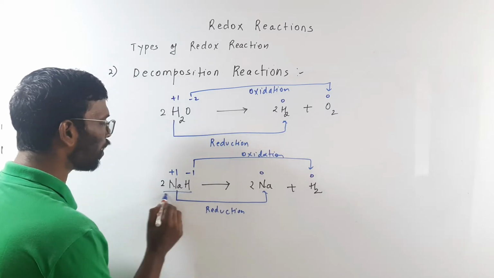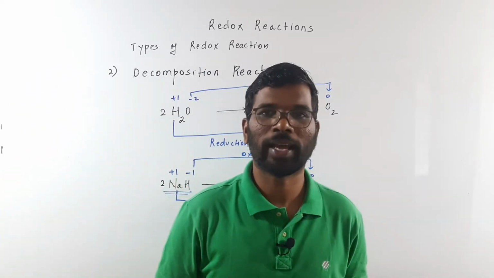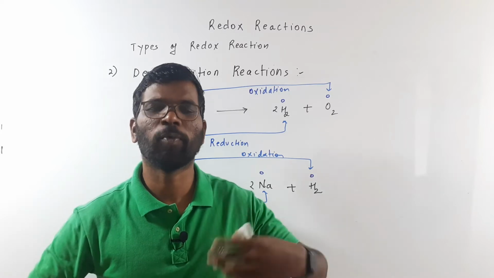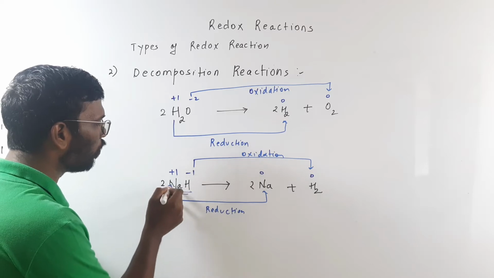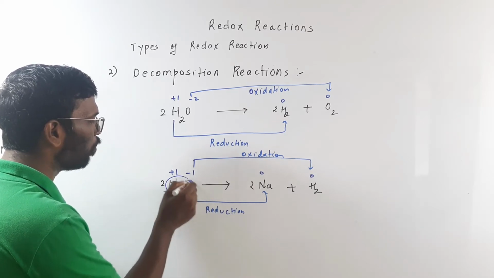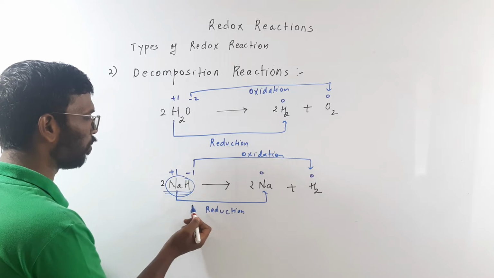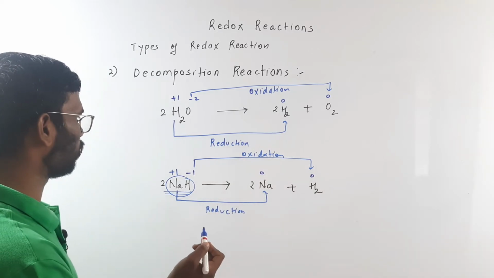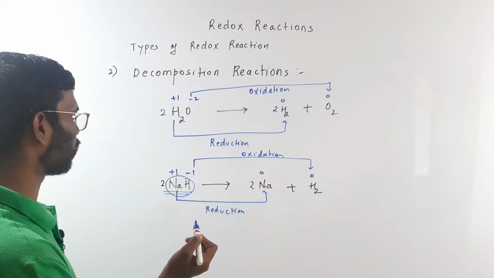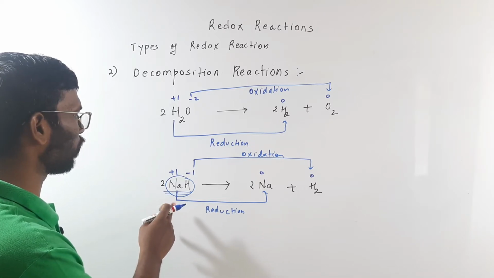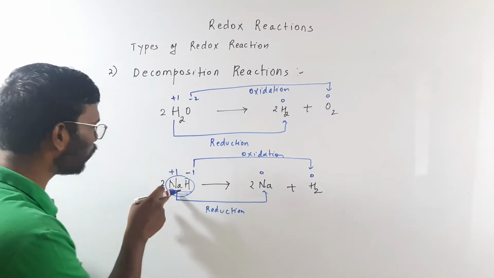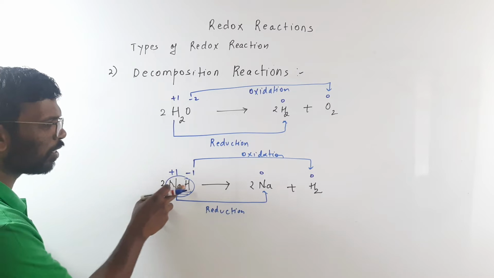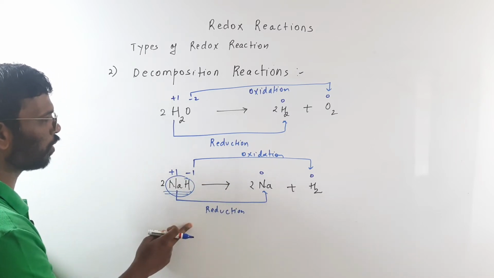It also supports the classical definition of reduction and oxidation, isn't it? Removal of hydrogen is what oxidation is. So here there is a removal of hydrogen from this. So there is just sodium left. Yes, with respect to the classical definition, it is removal of hydrogen, so it should be an oxidation, right?